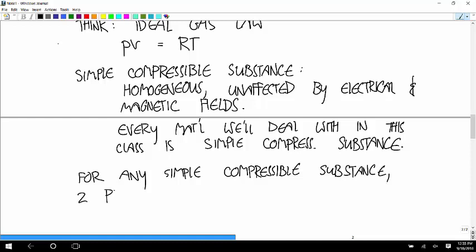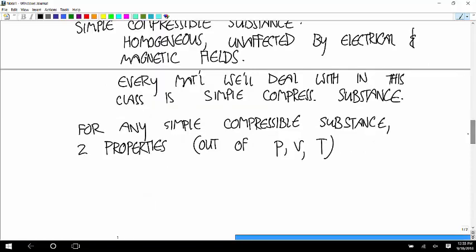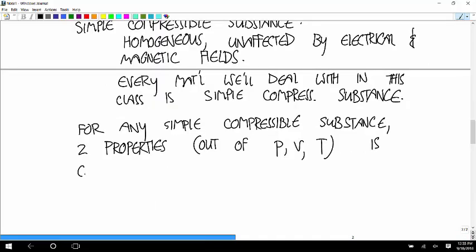So two properties out of pressure, specific volume, and temperature is enough to specify the entire state.